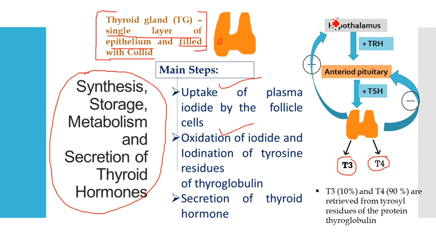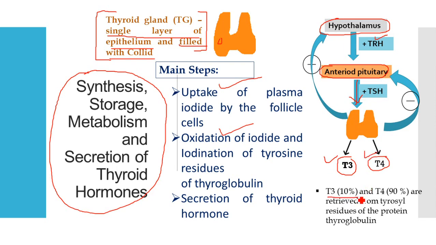Initially the hypothalamus releases thyroid releasing hormone, which affects the anterior pituitary gland inside our brain, which further releases TSH, thyroid stimulating hormone, which stimulates the thyroid gland for the further release of T3 and T4.